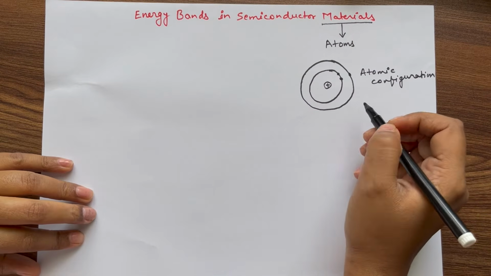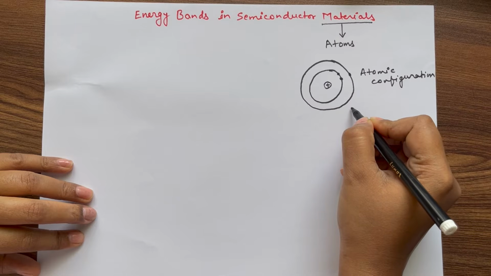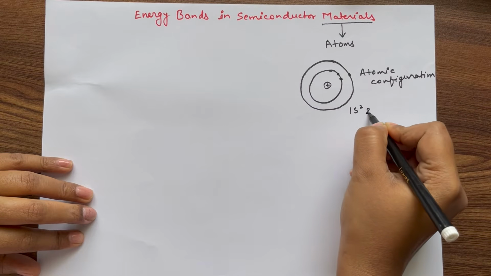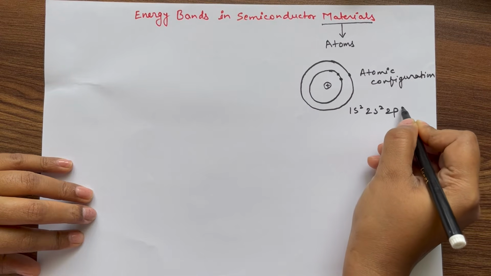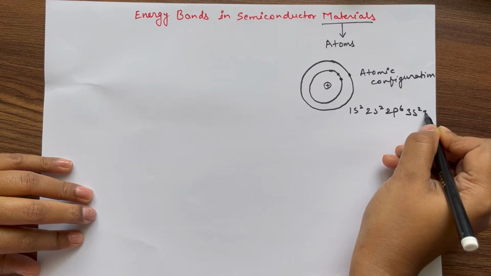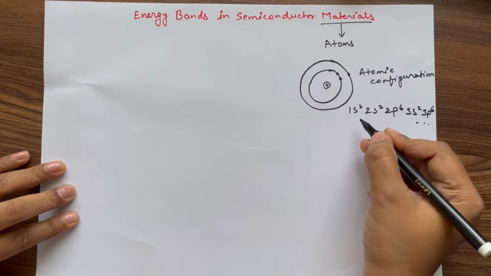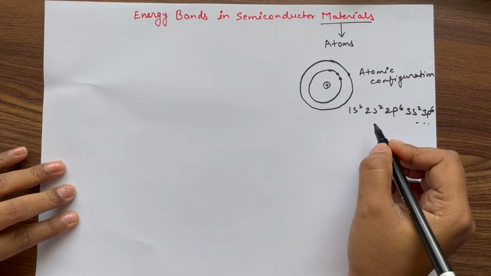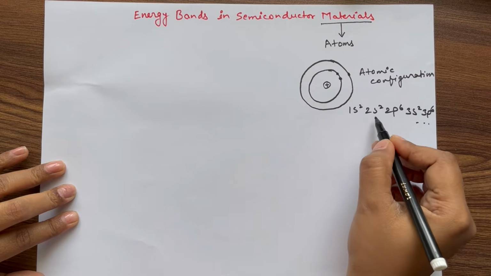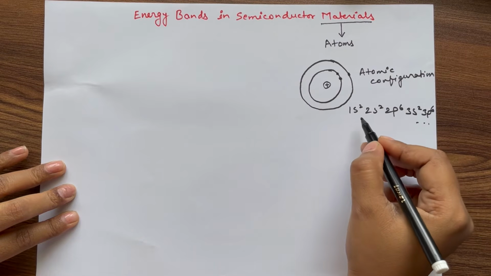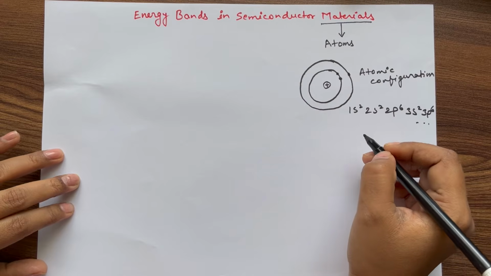The atomic configuration can be written as 1s2, 2s2, 2p6, 3s2, 3p6, like that. If you remember, we have studied this in our school. We can understand this atomic configuration with the help of quantum numbers.